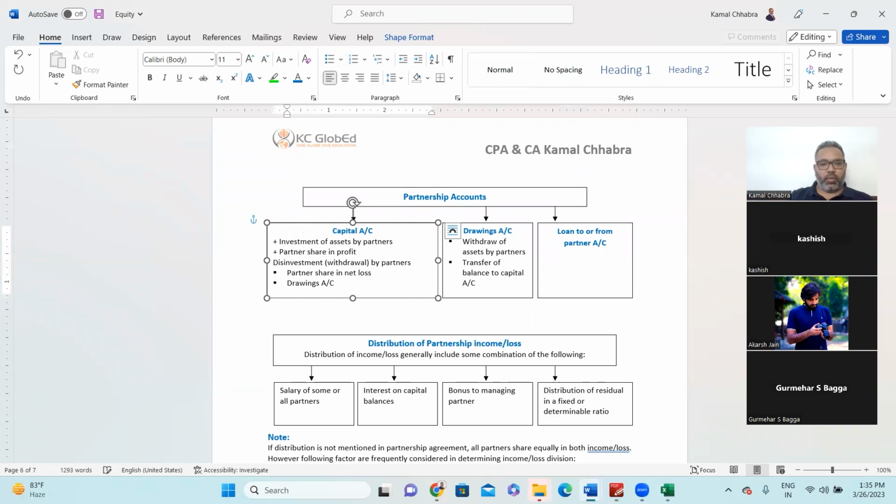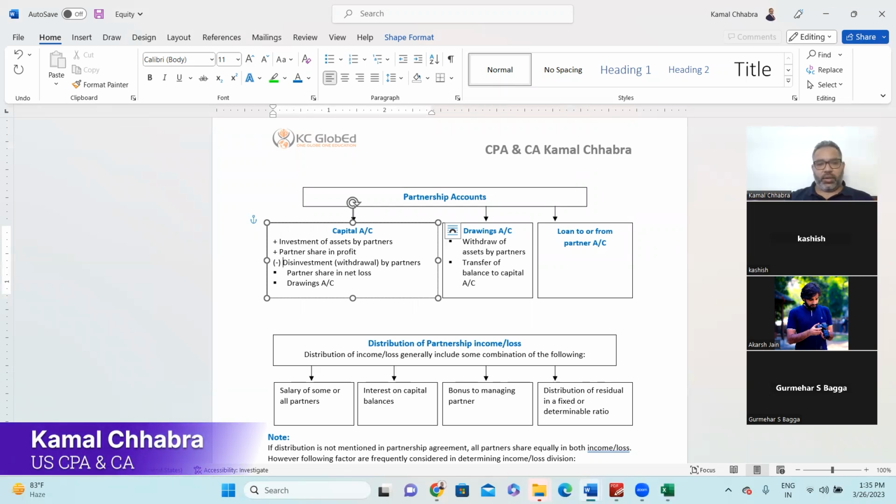Disinvestment or withdrawal, it should be minus, right? And then partner share in net loss should also be minus, and drawings should also be minus. So this is how your partner capital account may look like. Make sense?